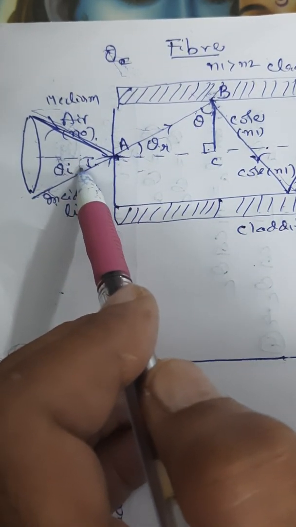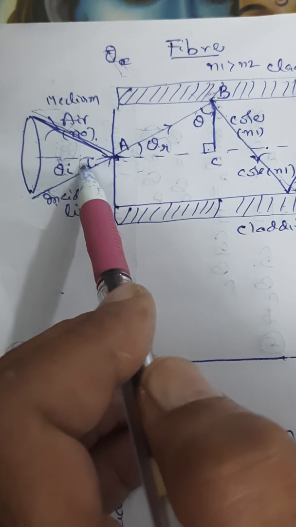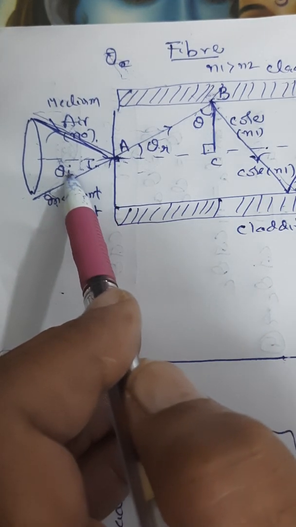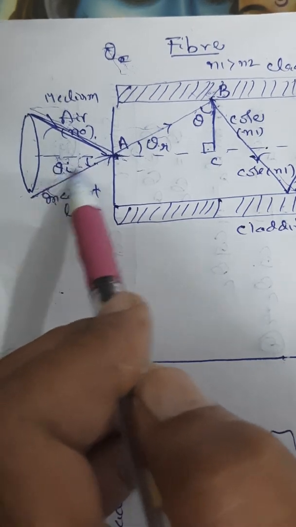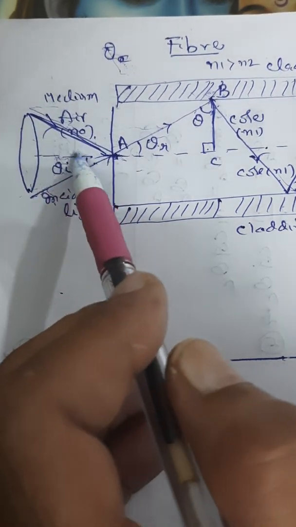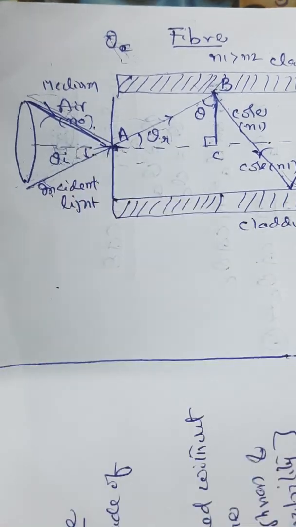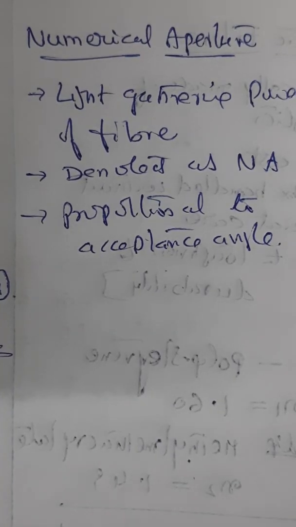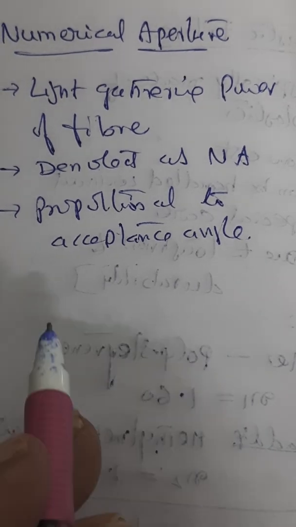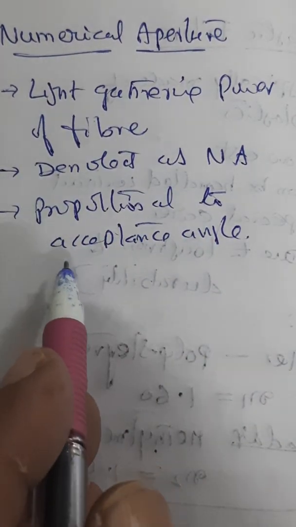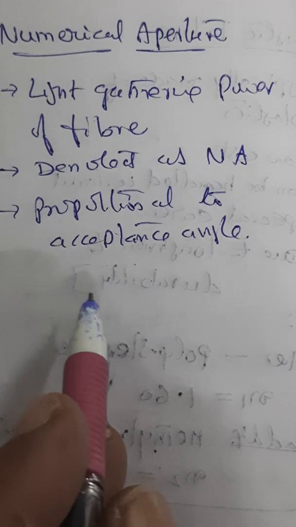So the light gathering power of the optical fiber depends on the acceptance angle, that is theta A. It is proportional to theta A. Therefore, it has a value. Hence, it is called numerical aperture. So, numerical aperture is the light gathering power of the optical fiber. It is generally denoted as NA. It is always proportional to the acceptance angle.